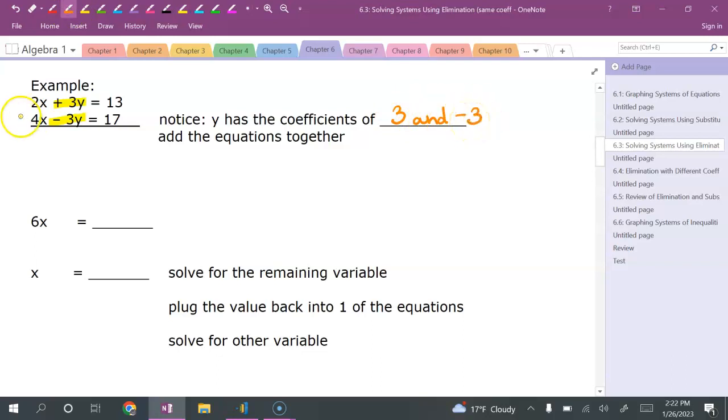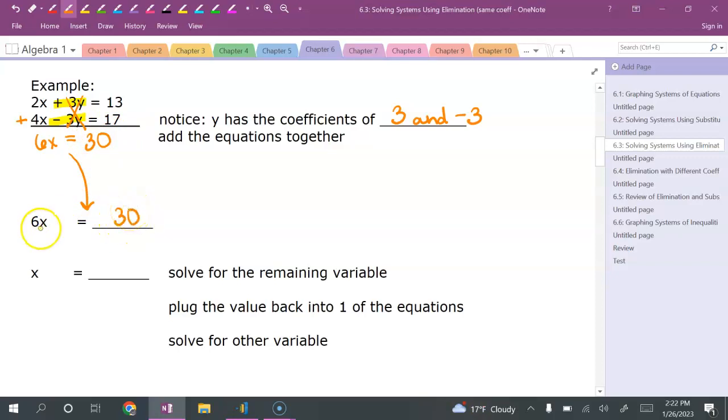If I were to add these equations together, those y terms are going to eliminate because they're opposite coefficients here. Then I'm going to add the other pieces together. So 2x plus 4x would be 6x, and 13 plus 17 would be 30. And that's actually what I'm going to bring down here: 6x equals 30.